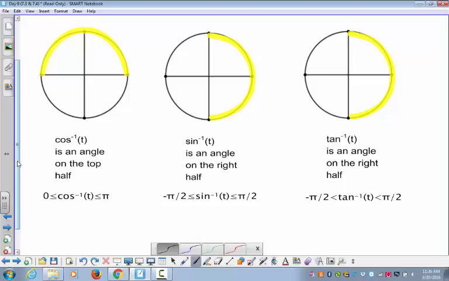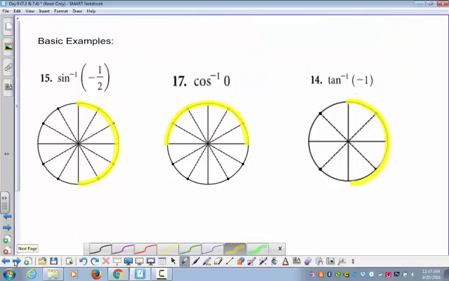The most important thing is that the word angle jumps into your mind every time you see an inverse. You think angle. That's the first thing. Always think angle.